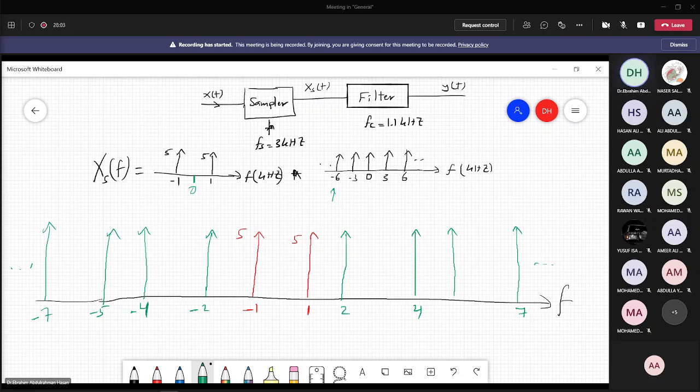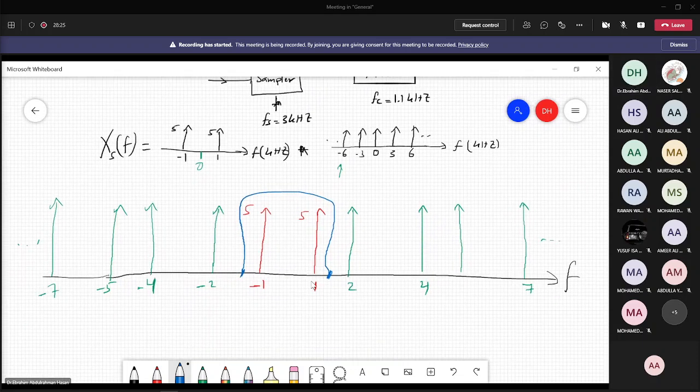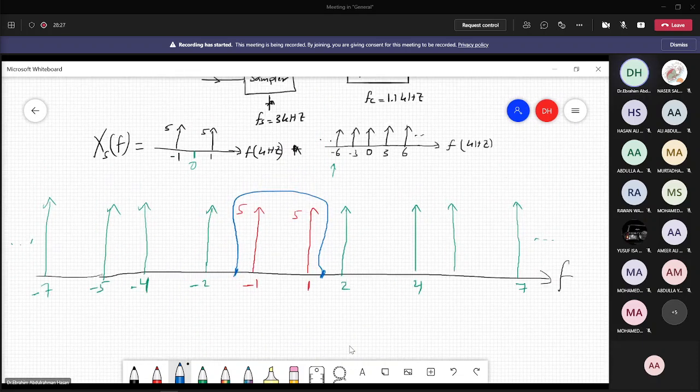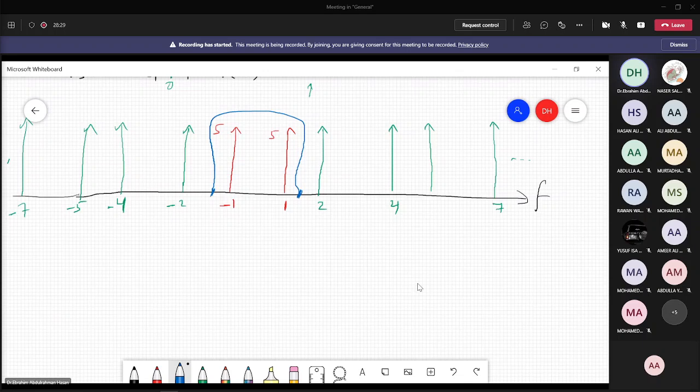Okay, now my filter, the cutoff frequency for the filter is 1.1, which is here. So if I put a filter like this, then I am going to pass only this one. So then Y of f will be only this.